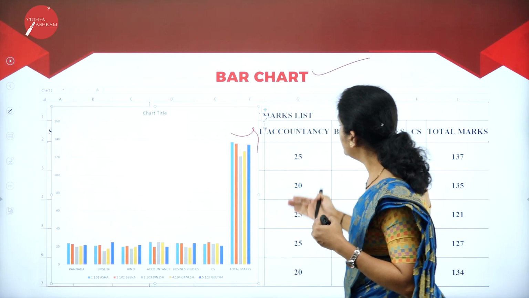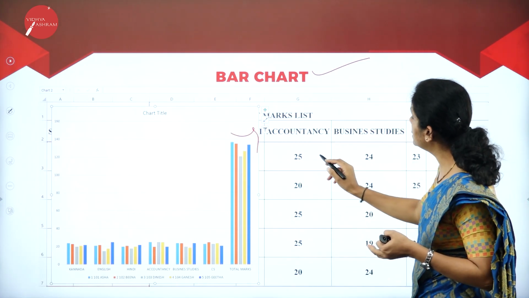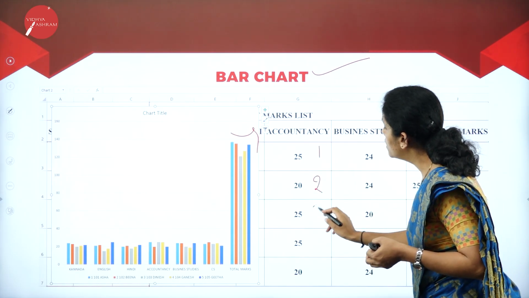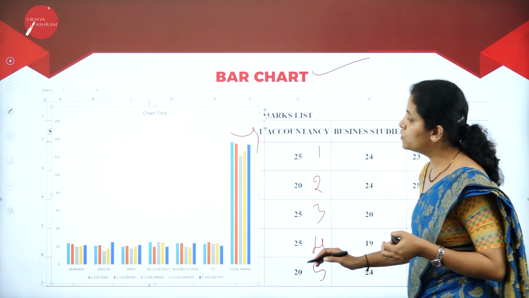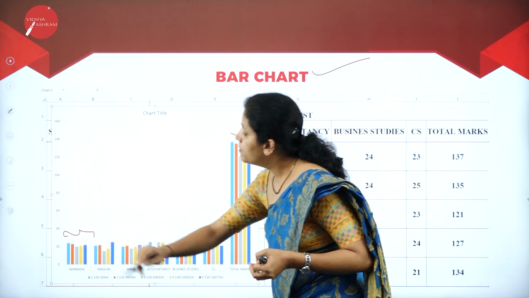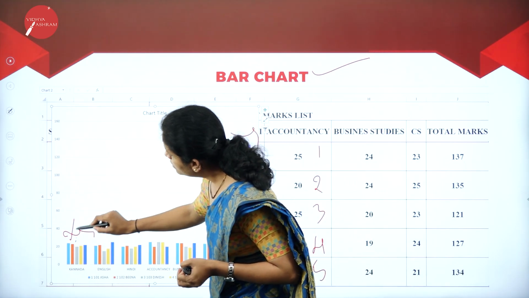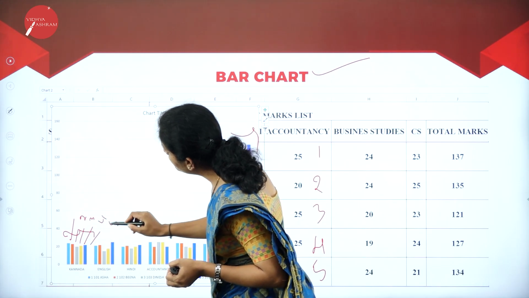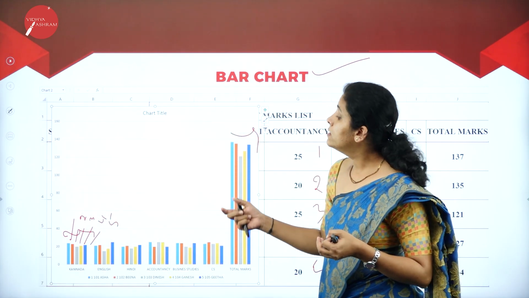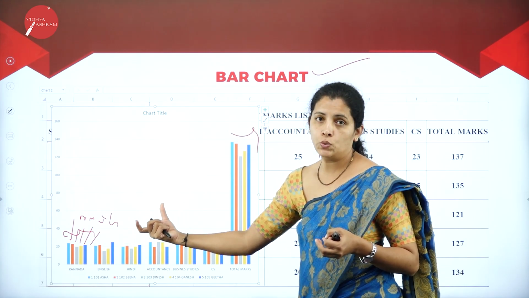So according to the example, how many rows do I have? That is row 1, row 2, row 3, row 4 and row 5. So here how many bars can I see? That is 1, 2, 3, 4 and 5. So here each bar represents an individual student.